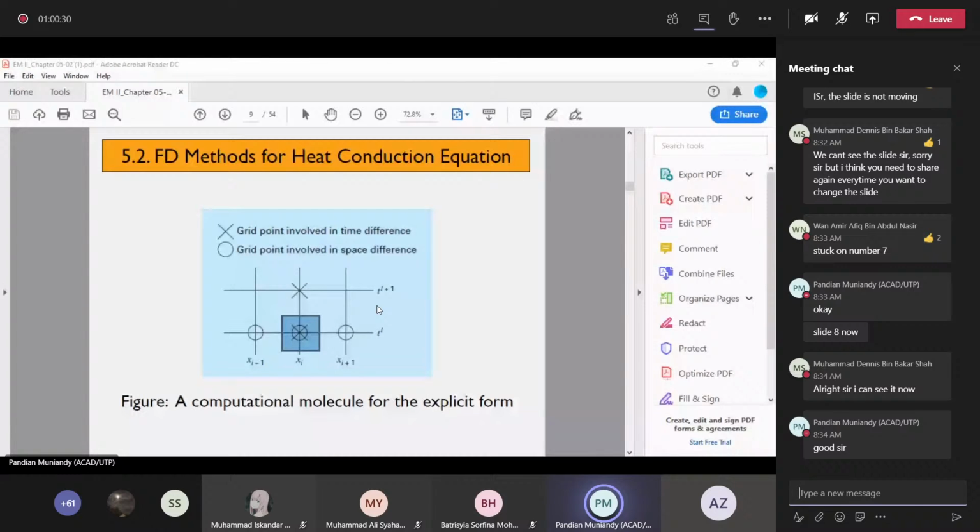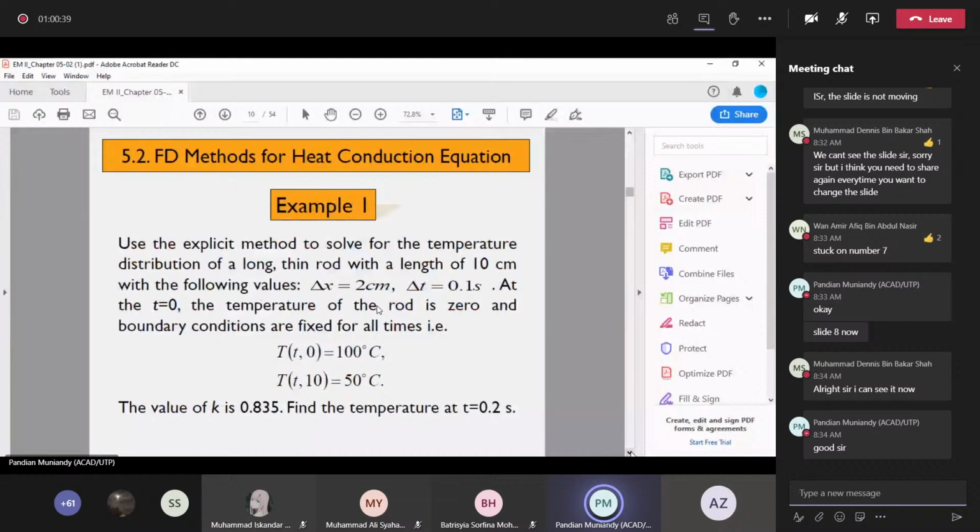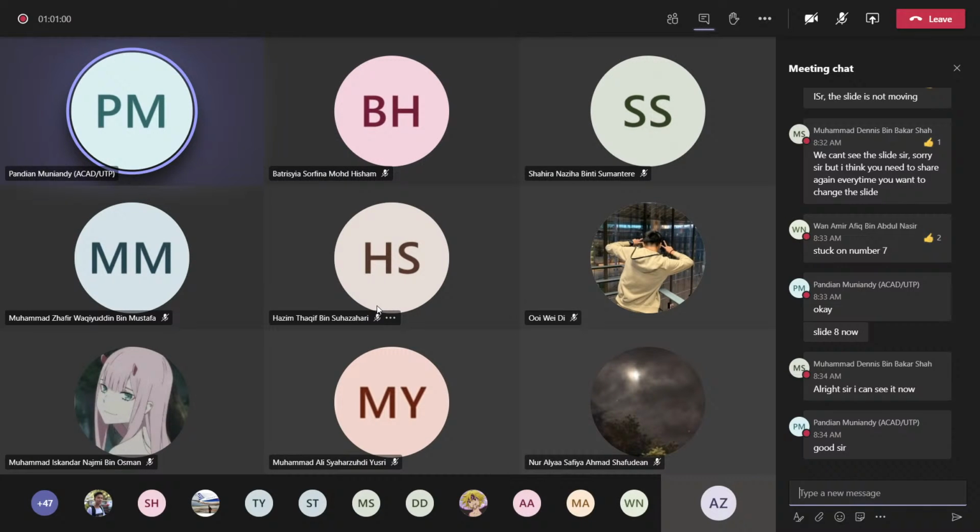So now we move on to slide number 10. Okay, can you see slide number 10?